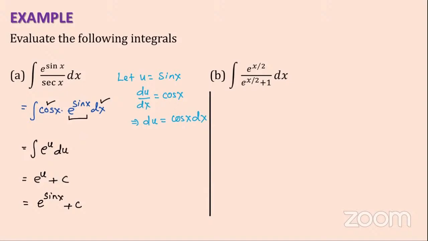Remember, I can write it like this: derivative with respect to x of e to the half x plus 1. The derivative of 1 is 0. The derivative of e to the half x is e to the half x, and you multiply by half, so that will be equal to half e to the half x, or x over 2.